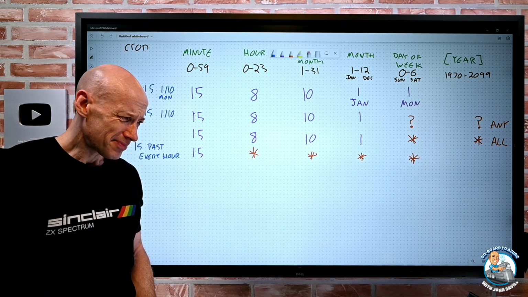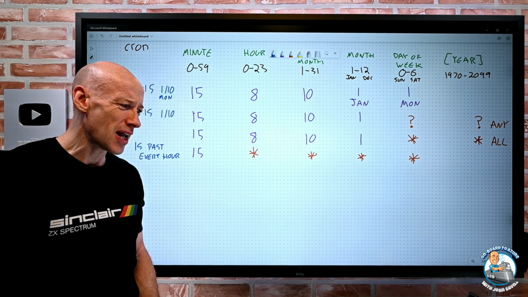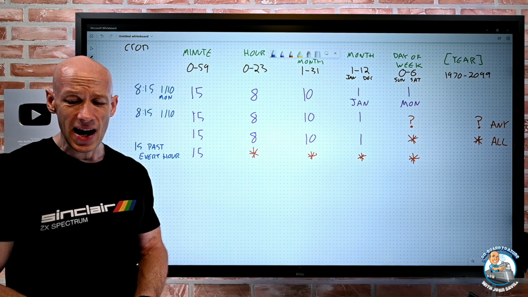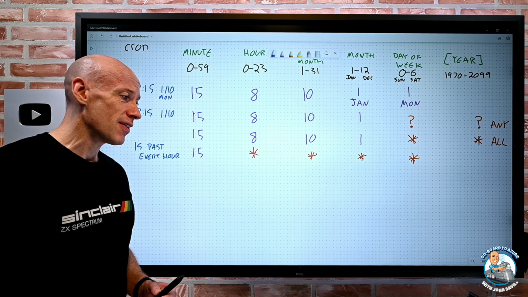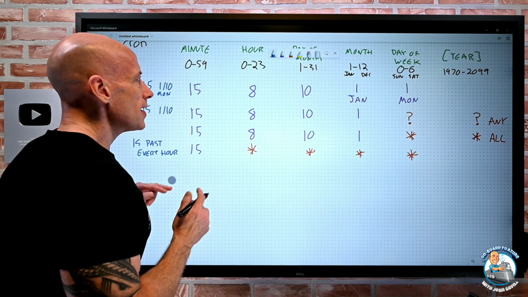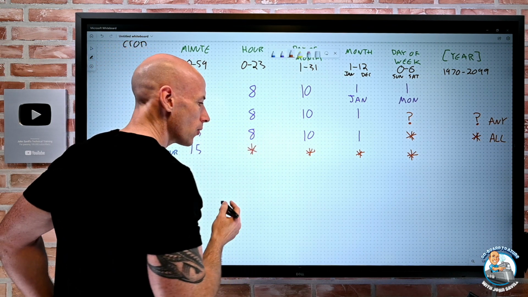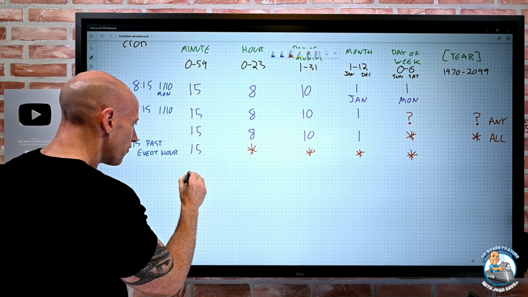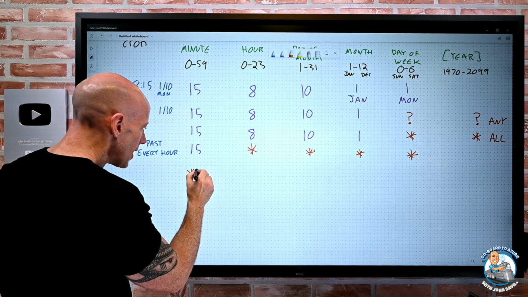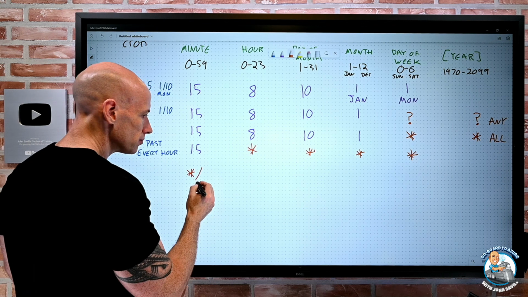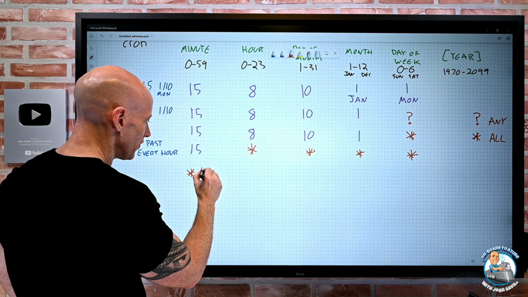which may be what we want. But maybe what we actually wanted was, no, I want to be able to do it in an increment. I want it to actually say, hey, every 15 minutes. That's a very different thing. So what we do for that is we have a special character. We have the slash. So what we're going to say is, look, we want it for all in an increment, so the slash of, well, in this case, we'll say 15.